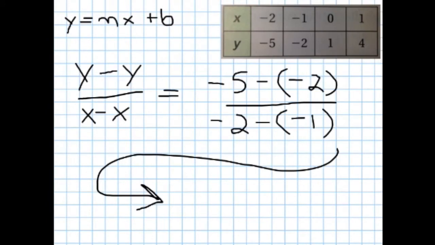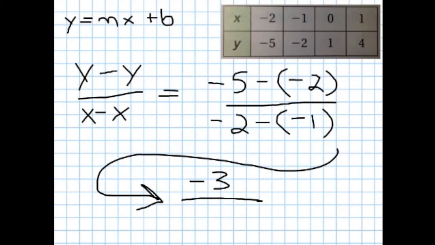So we're going to go ahead and find our slope, and our slope is the m in our equation here, and we're going to do the difference in y over the difference in x. I've written it out here, and I've taken these values. Here's our y values, here's our x values, and I put them into this math problem. We can see that if we say minus 5 minus a minus 2, that's almost like adding 2 to a negative 5, so you end up with a minus 3.